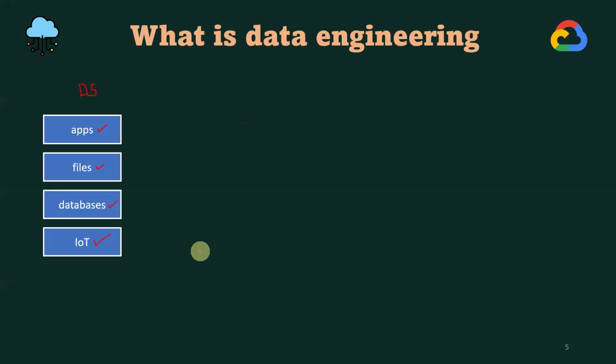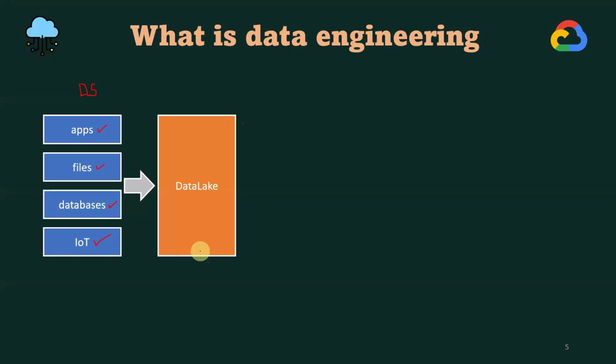The very first thing we do as data engineers is extract this data from these multiple data sources, collect it, and store it in a location called a data lake. Sir, what is a data lake?